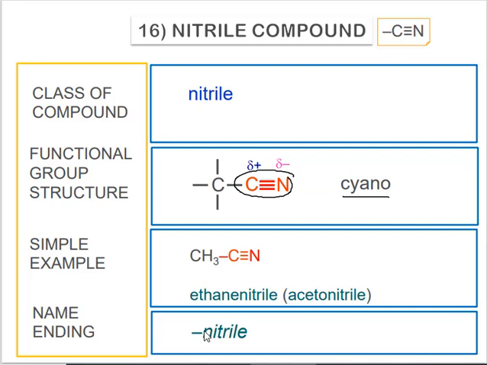Nitrile compounds have names that end with nitrile. For example, the simplest nitrile has two carbons, so ethanenitrile. Again, to identify a nitrile, it must be a carbon triply bonded to a nitrogen, and the name of the functional group is cyano.